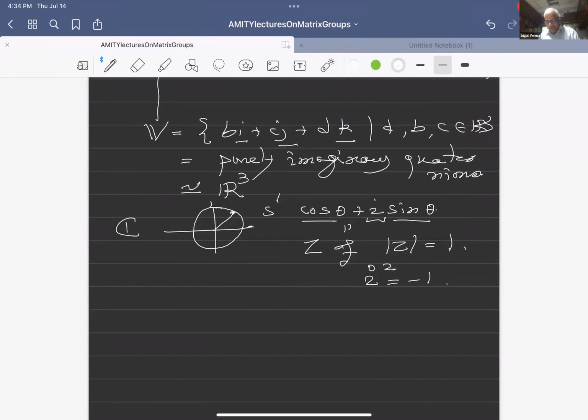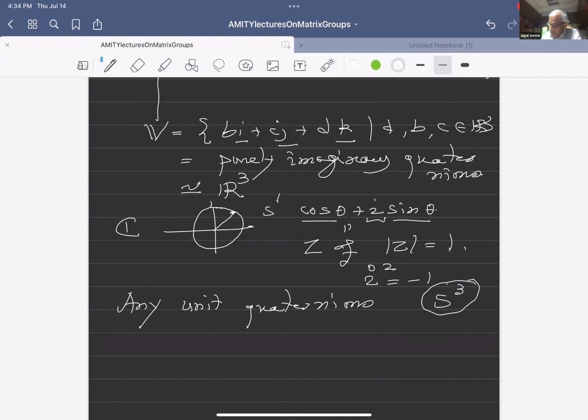The answer is yes. We want to show that any unit quaternion, remember unit quaternions correspond to points on the 3-dimensional sphere, can be written as cos theta plus u times sin theta, where u squared is -1.